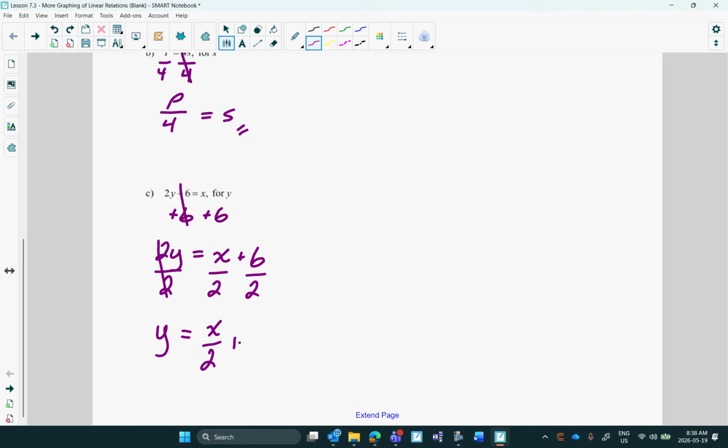However, 6 divided by 2, I can make simpler: 3. Done. If it's a fraction, it's okay. It can be a fraction, because we asked to solve for y.